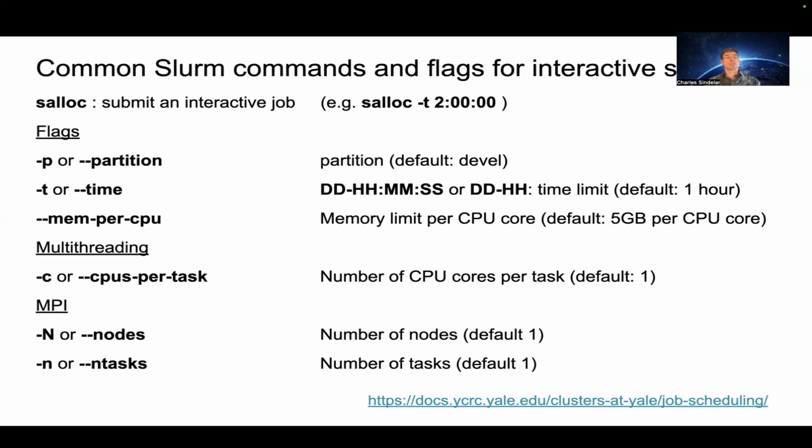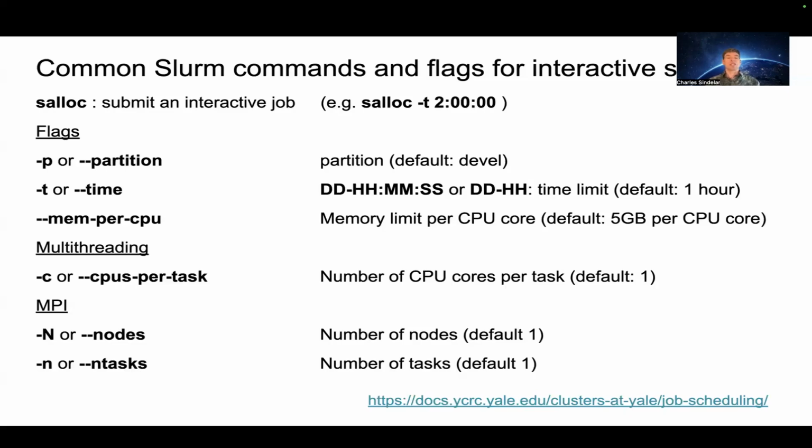Another important flag is the multi-threading option CPUs per task, which is -c. The default for this is 1, but when you have jobs that can be parallelized, as we will discuss, you can increase that number. And related to parallel jobs, there are flags or options that are specifically related to the MPI parallel system.